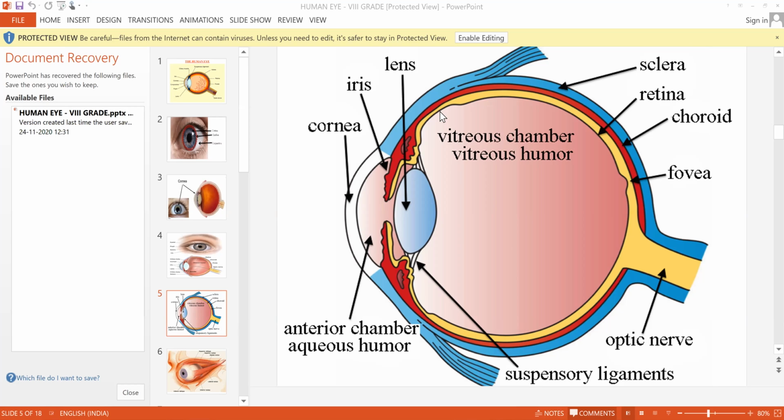To study the human eye, it is a big anatomy. When you go for higher grades, there are big books given on this concept: anatomy of the human eye, anatomy of the human ear, all those things. Whatever you are studying now is only level one. Regarding each part, big books are there if you want to study.